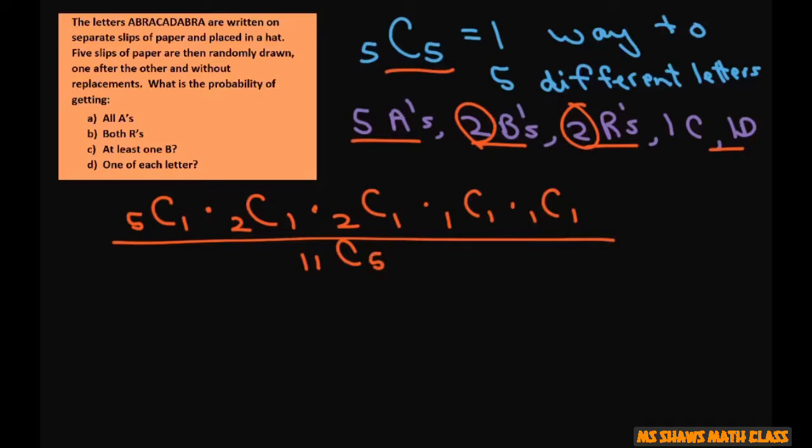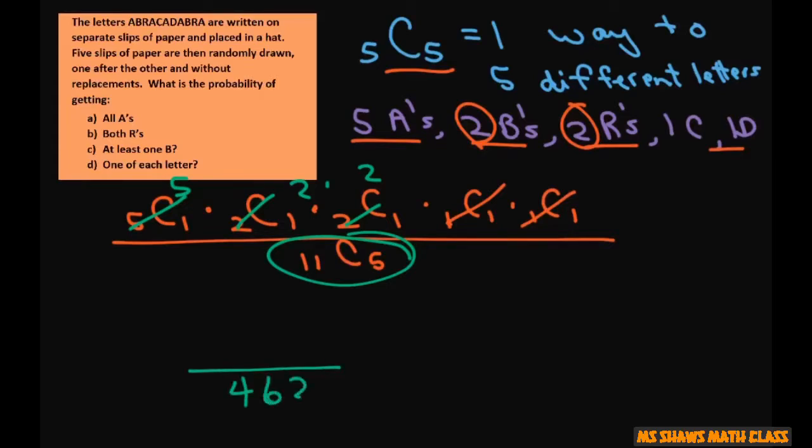These just equal 1 here, and these 2 equal 2, and this equals 5. And we already know from part A, this is 462. So the denominator is 462. And this is going to be 20. And you reduce that, and that's going to be 10 divided by 231.